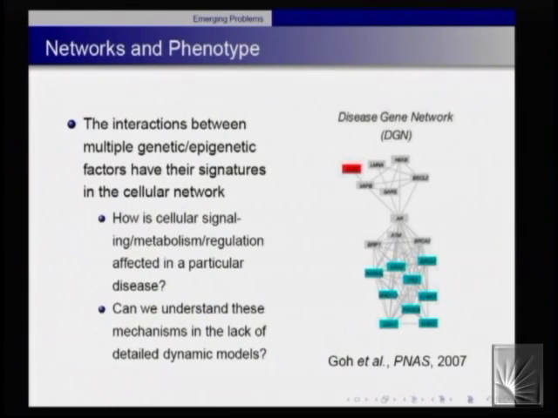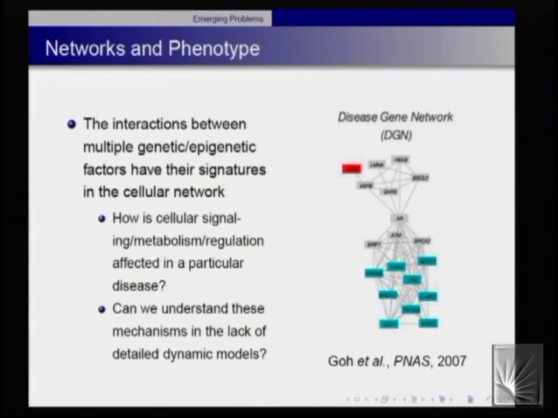So what do we expect from networks to help us in understanding the relationship between genotypes and phenotypes? So for example, here what you see is from a recent paper, where you see the genes that are implicated individually in similar diseases are connected to each other in this network. So this is a disease association network for genes.